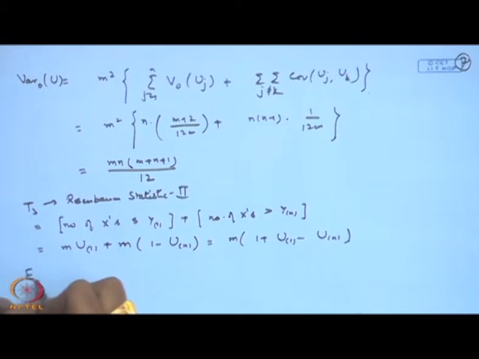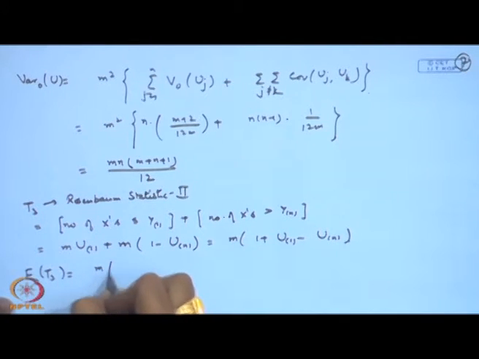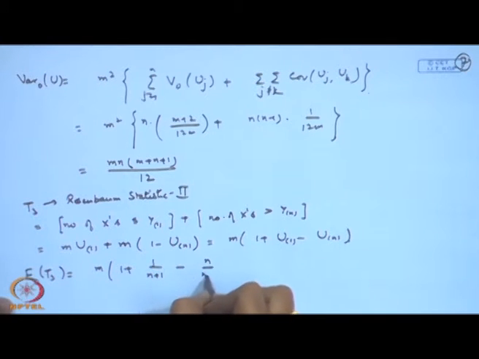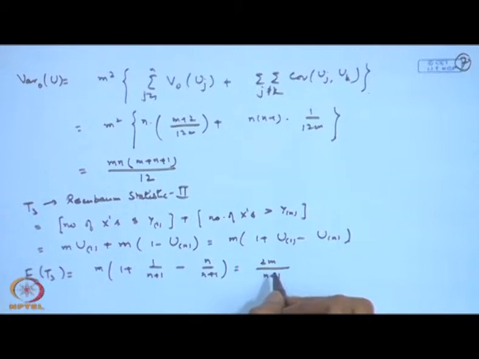Of course, under the null, the mean is m(1 + 1/(n+1) - n/(n+1)), that is equal to 2m divided by n plus 1.